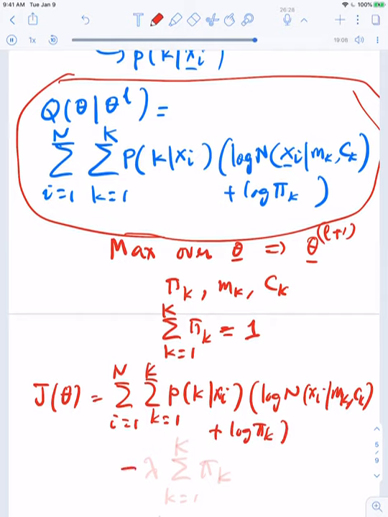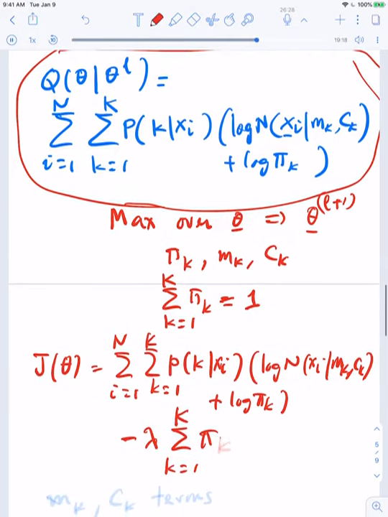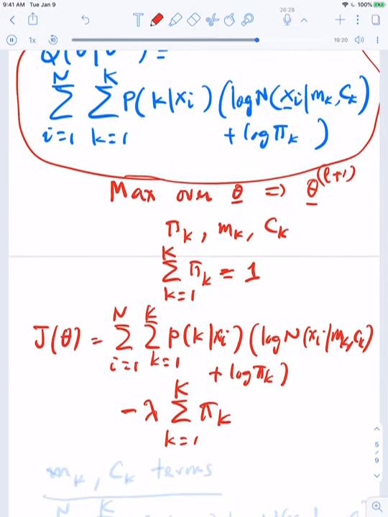And then I have a Lagrangian, I'll put it as minus lambda times the sum of pi_k, but it could be the other sign too. That's the Lagrangian. We are not going to go into optimization in detail right now in the course, so you'll just have to take my word for it that this will work.